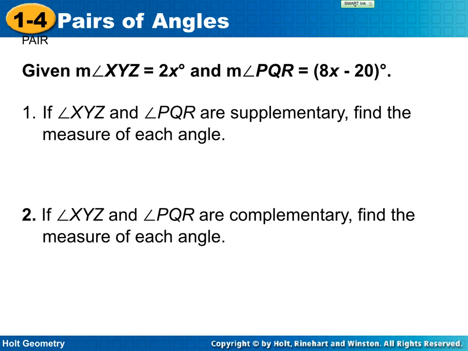Solve for x. It's an equation when you know the two angles added. So add those two angles, set it equal to 180 degrees. Then we can put it back in and substitute in to find the angles.